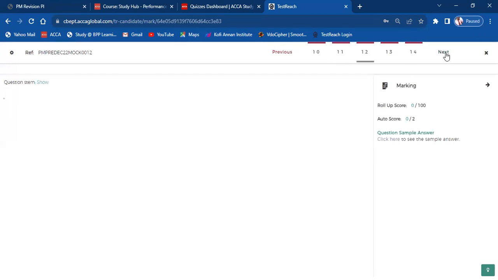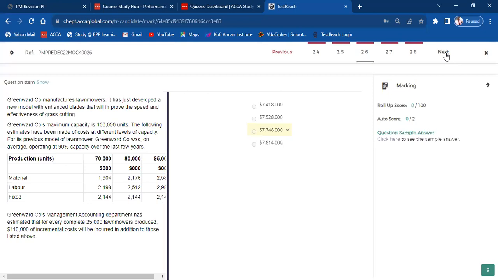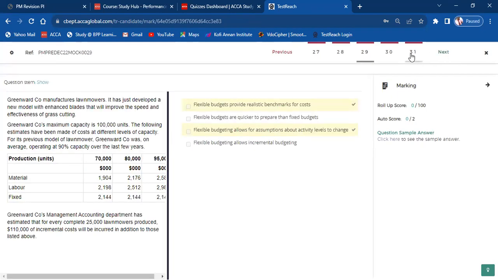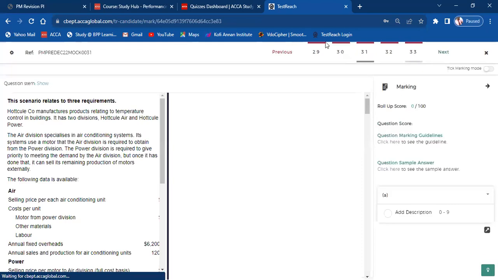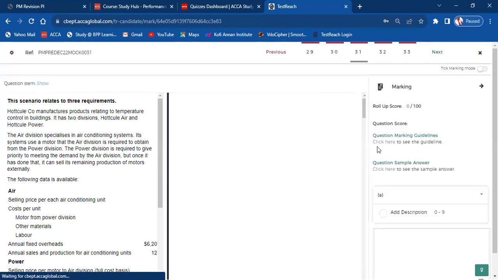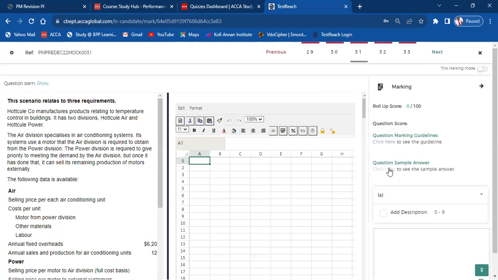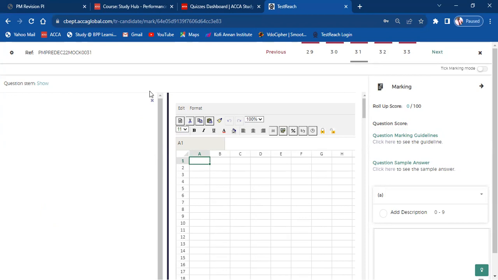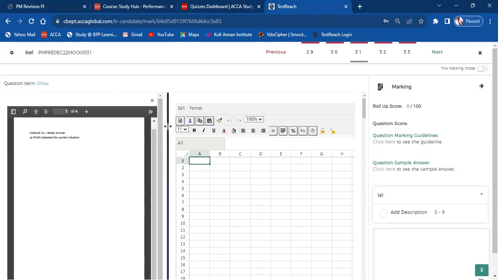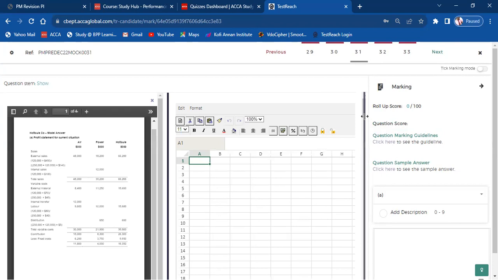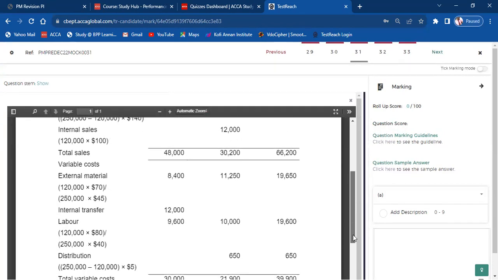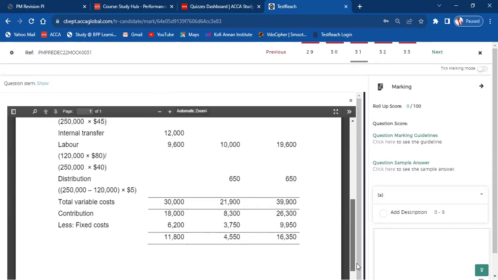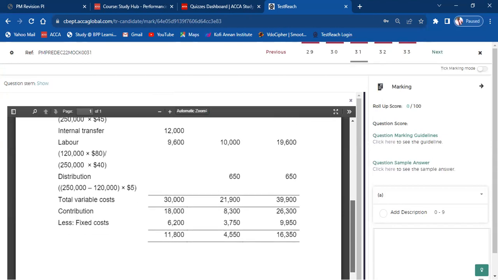Next to question 31. Click here to see the sample answer. You can do Control P for print to save. Final answers are not marked, but let me just check from there.